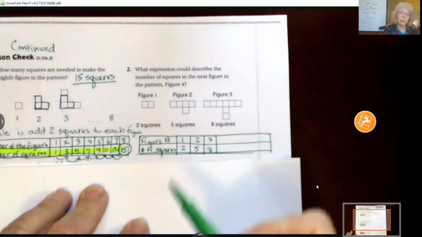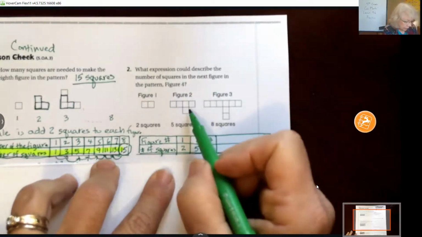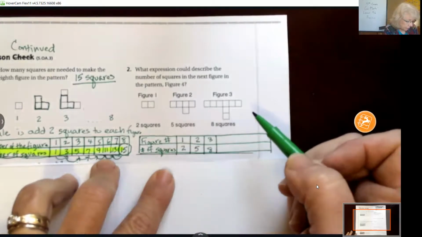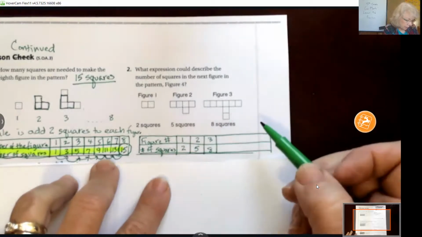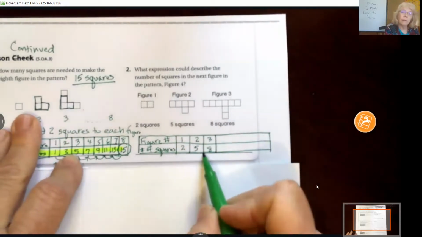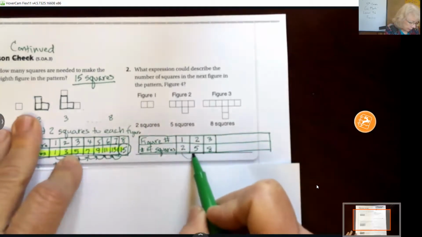Can I figure out what's happening? Again, you could look carefully at this figure and see what they did to this figure to get this next one. Well, it's complicated, and we can see down here. Let's think about it. What happened to get from here to here?